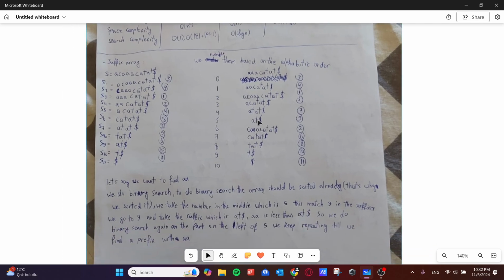For the suffix array, it is easy, but I don't know what questions we can have for the suffix array.